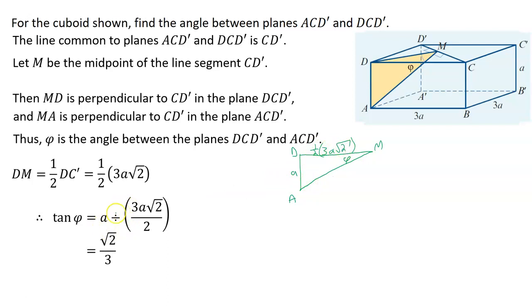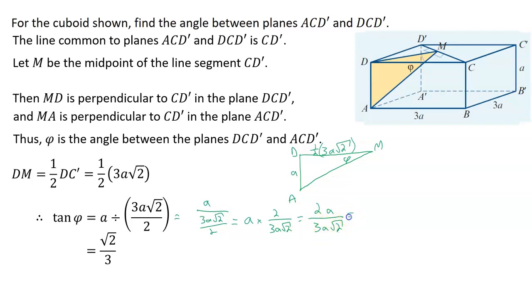If I simplify this, the A's cancel. Let's show you how I did that. So we've got A over 3A root 2 over 2. When I divide by a fraction, that's the same as multiplying by its reciprocal. So that's A times 2 over 3A root 2, 2A over 3A root 2.